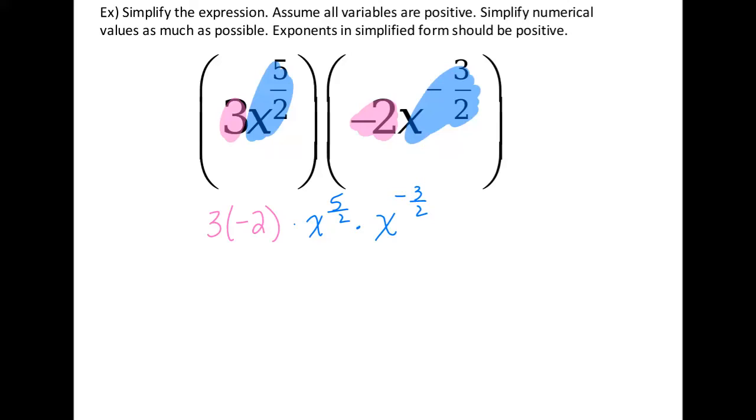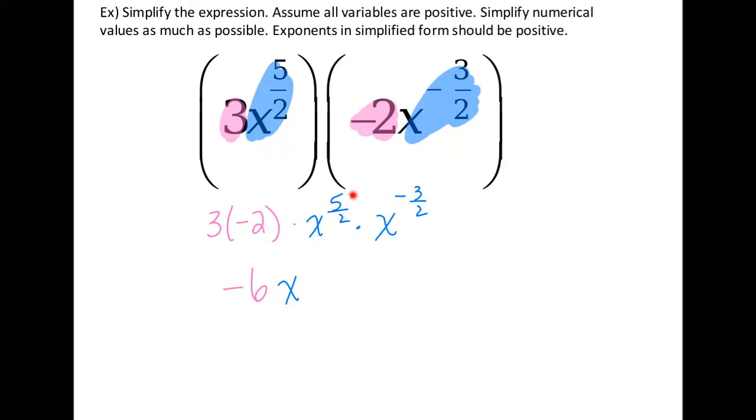Okay? And then what's 3 times negative 2? That's negative 6. And then what's my rule here? When I multiply, what do I do to the exponents?